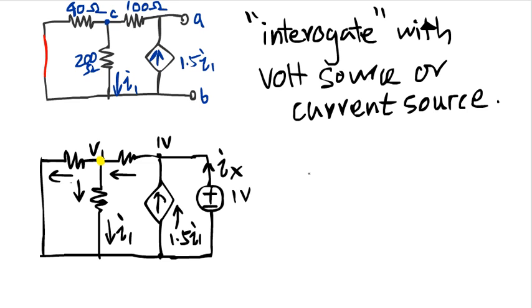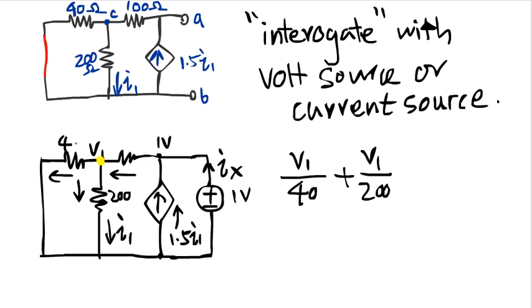So V1 divided by 40 ohm, that's the current running out of this branch, plus V1 divided by 200, that's the current running out of this branch, has to be equal to the current running in here, which is 1 minus V1 divided by 100.